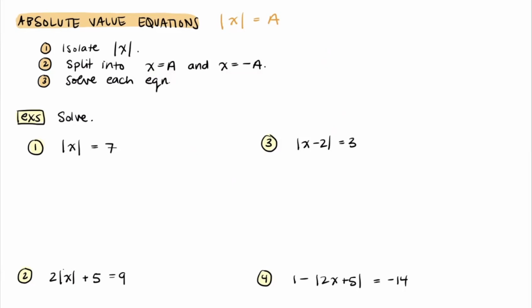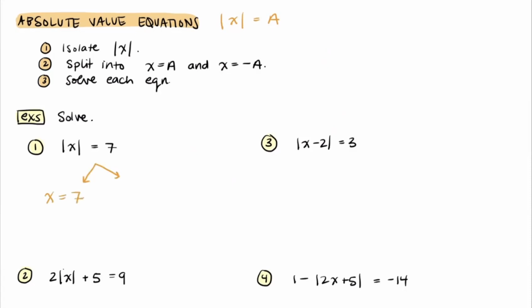So in example 1, we have the absolute value of x equals 7. Now to solve, that means we're looking for an x value here that makes this equation true. So maybe you can look at this and say, okay, well, absolute value of 7 is 7, but also negative 7 has absolute value of 7. And that's exactly why we want to split the equation into these two things. So the split means that to get rid of the absolute value, you make two equations.